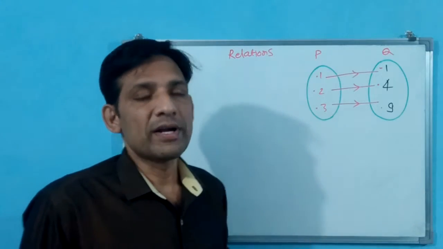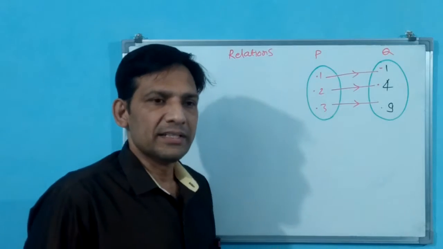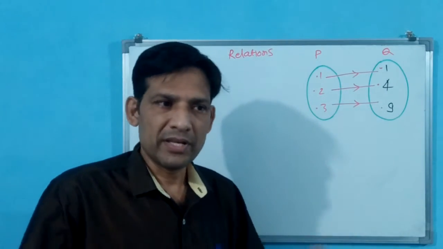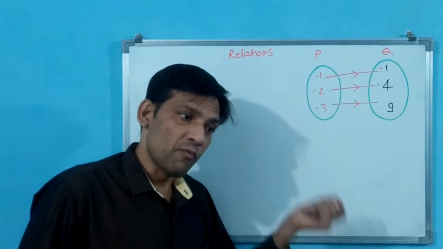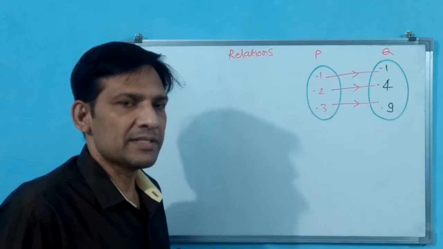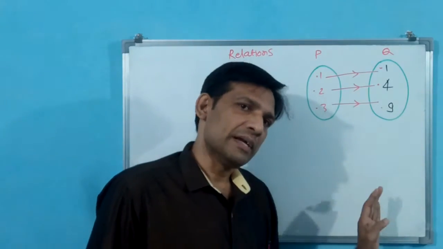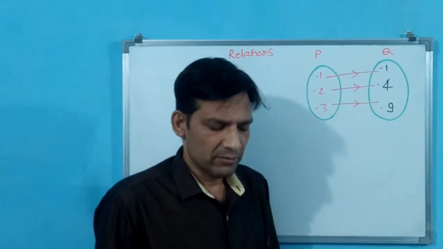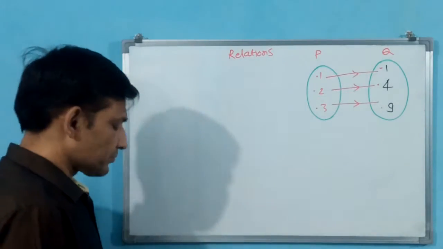If you have understood Cartesian products or ordered pairs, the relation also comes among them only, but there is no such specific definition for relation. But we can define a relation ourselves. See, y is equal to x plus 1, that is also one definition for a relation. How can we understand a relation?